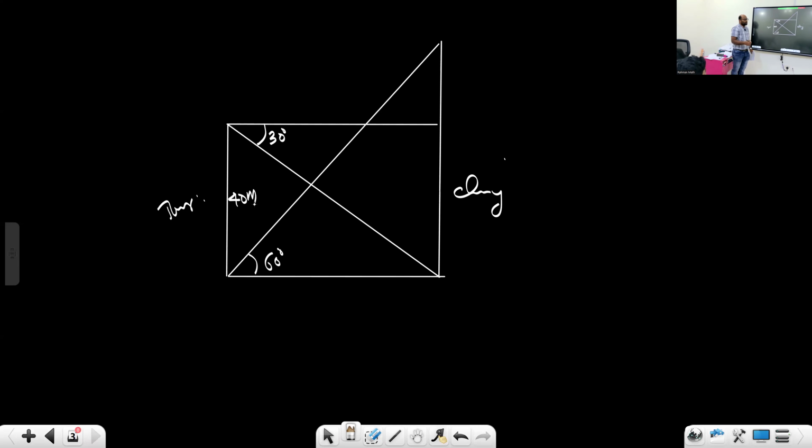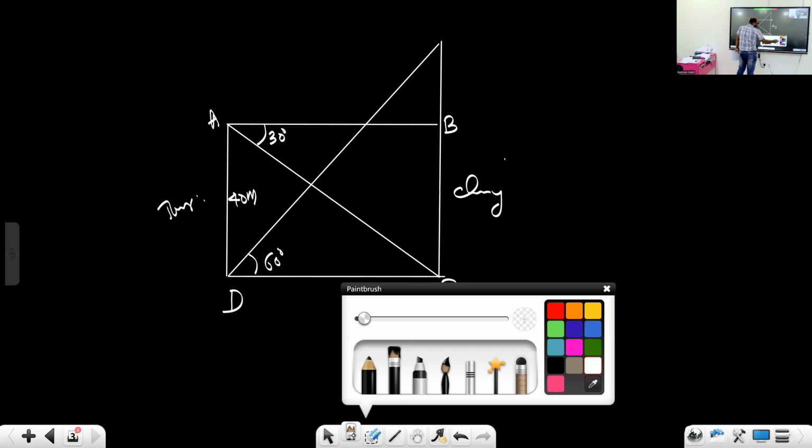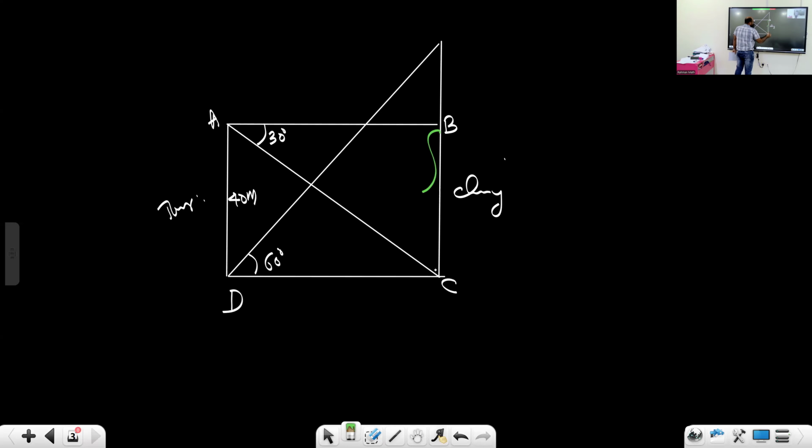Clear? So I'm marking here A, B, C, D. Can you tell me how much is this? 40 meter. This side I took h, this side x. What about this? X, because both distances will be the same.